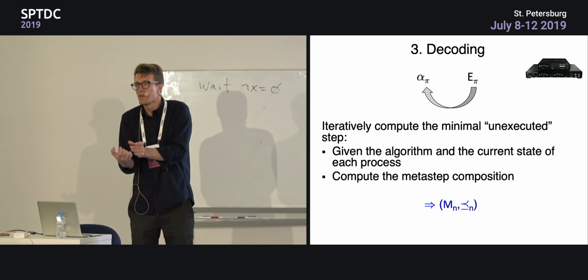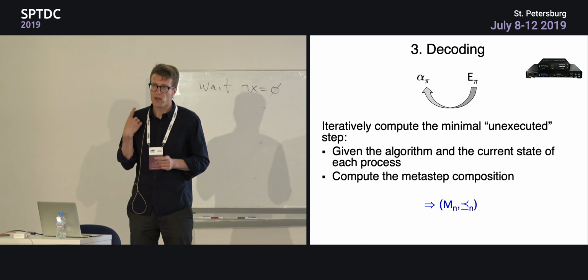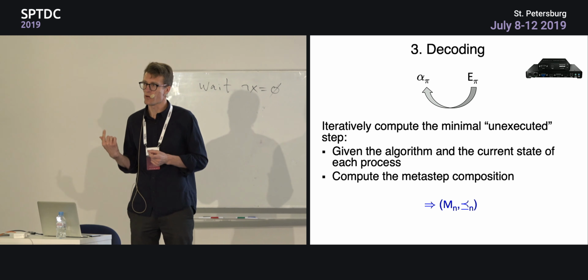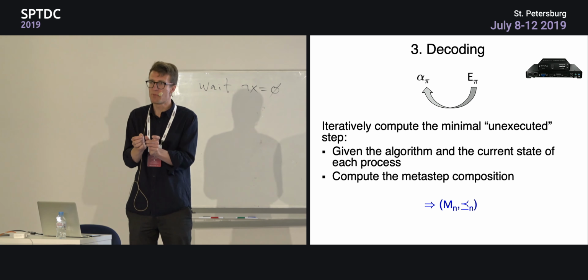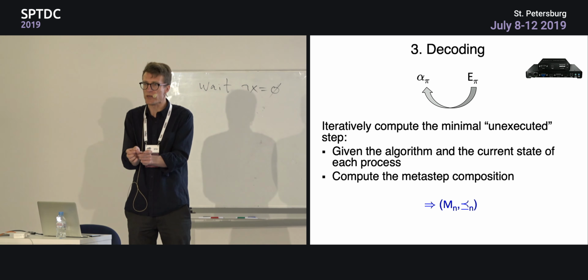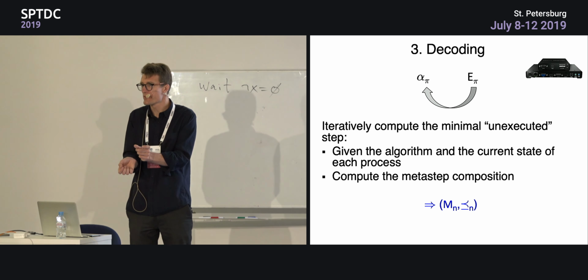Now you need the knowledge of the protocol to reconstruct the execution. Knowing the protocol, you know for each prefix of the constructed executions what the enabled steps are for each process.